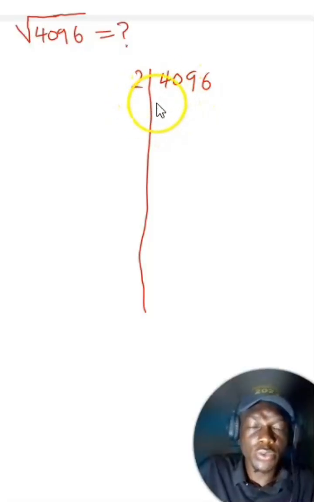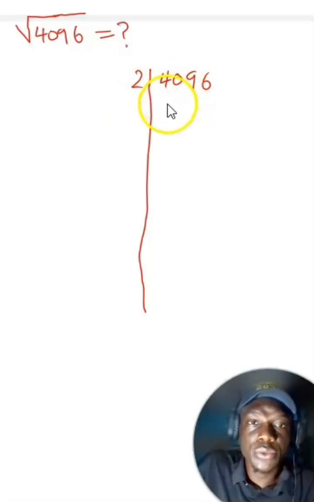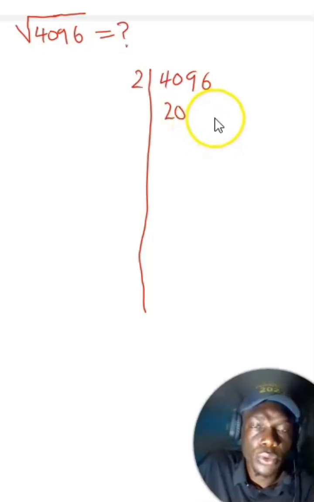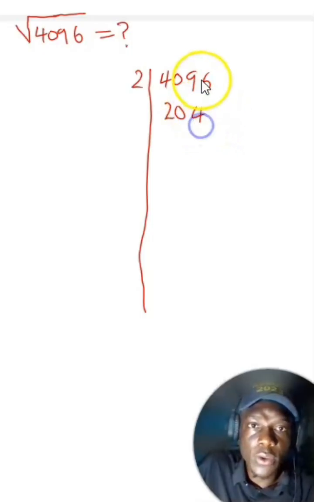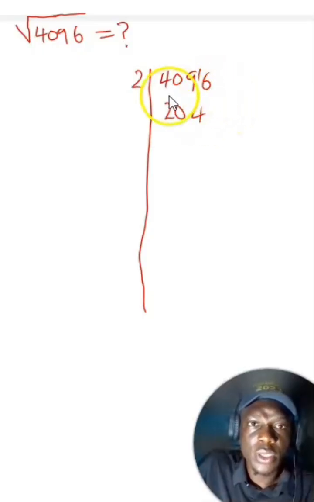You pick each digit from left to right. 40 divided by 2 gives you 20. 9 divided by 2 gives you 4, remainder 1. You add that 1 to the 6 here, it becomes 16. 16 divided by 2 gives you 8.